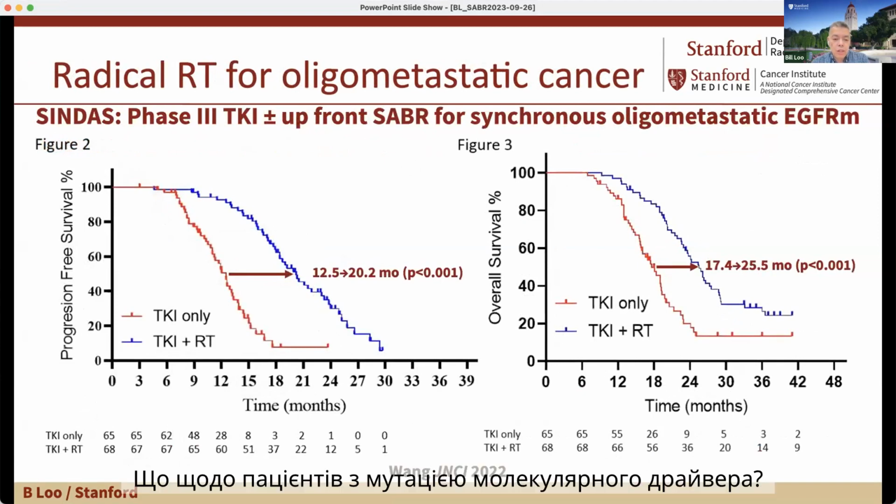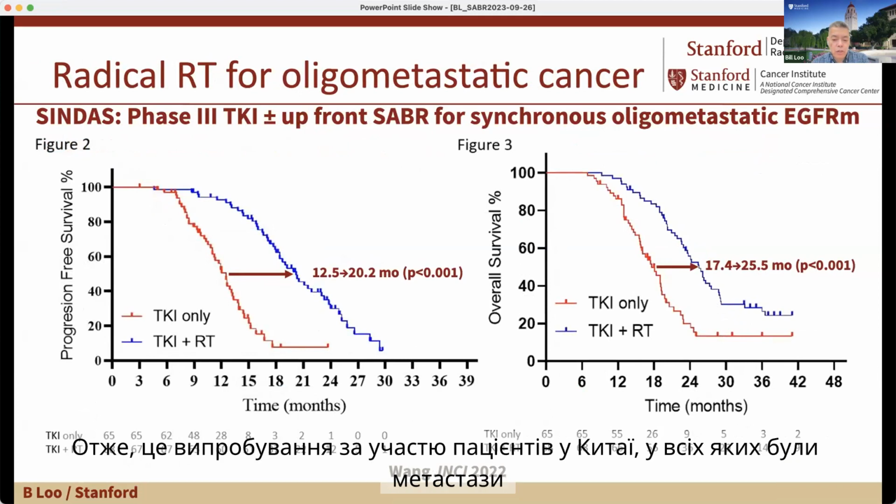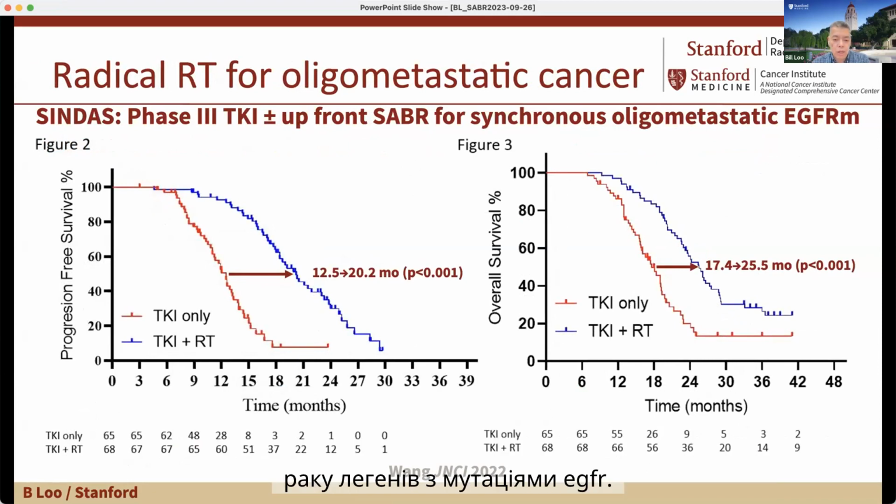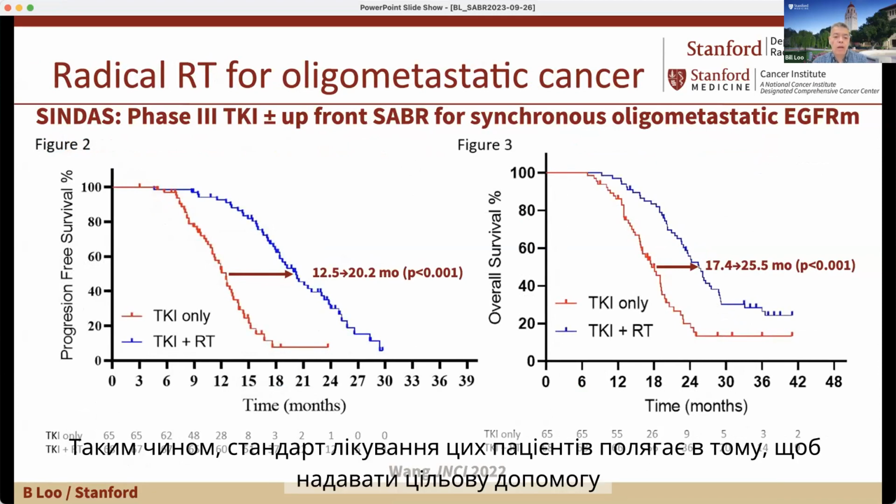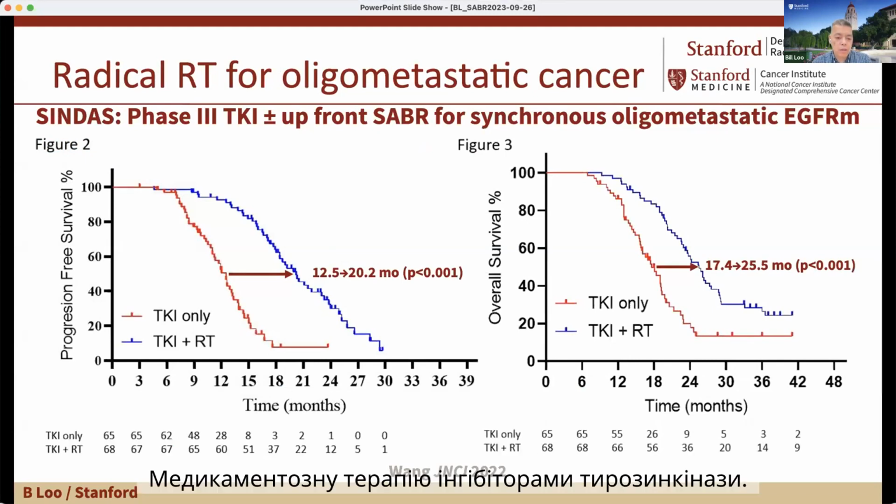What about patients with molecular driver mutations? This was a trial in China, patients with oligometastatic lung cancer with EGFR mutations. The standard of care in these patients is to give targeted drug therapy, so tyrosine kinase inhibitors.